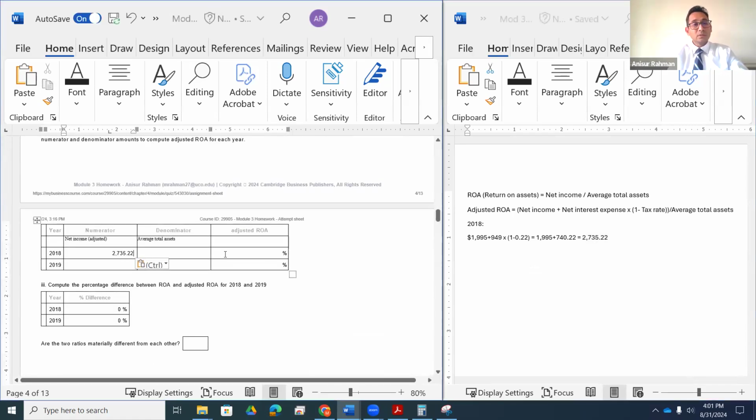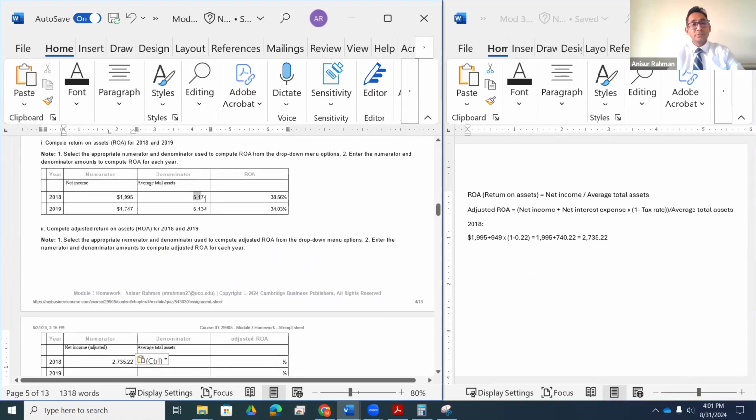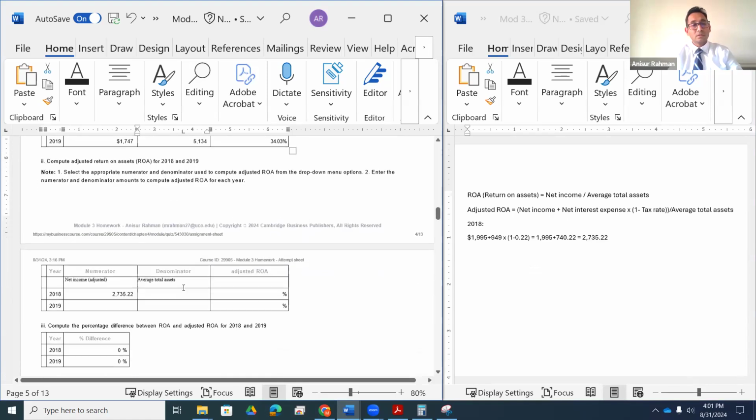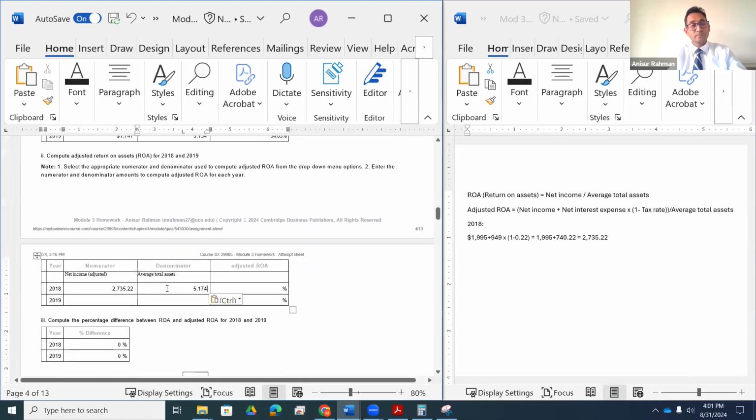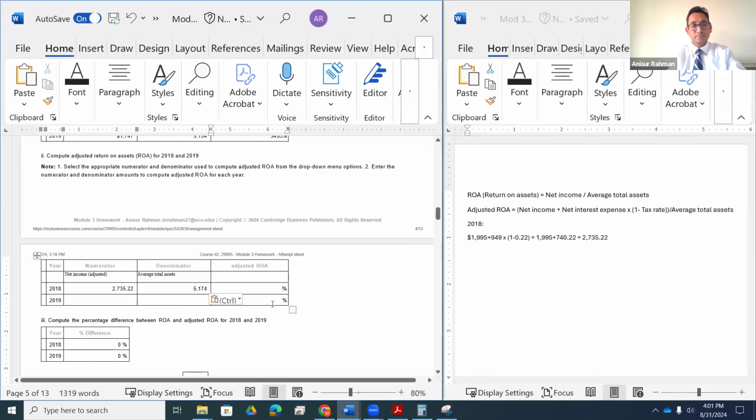Here, our assets do not change. But this ratio will be 52.86%.